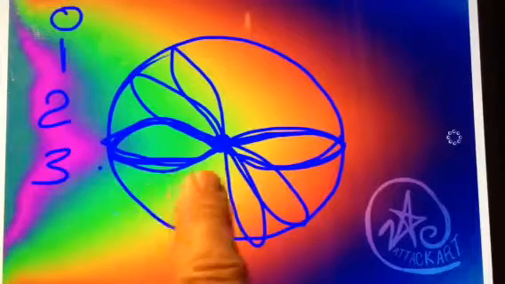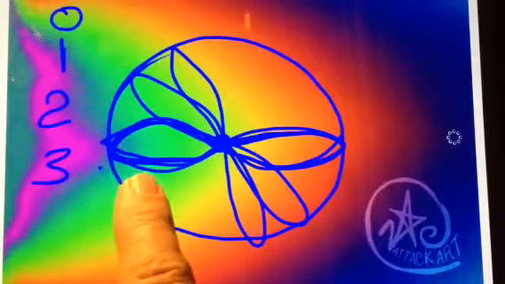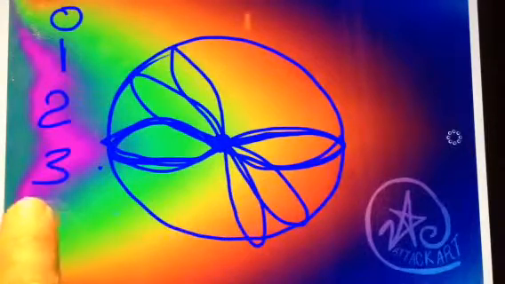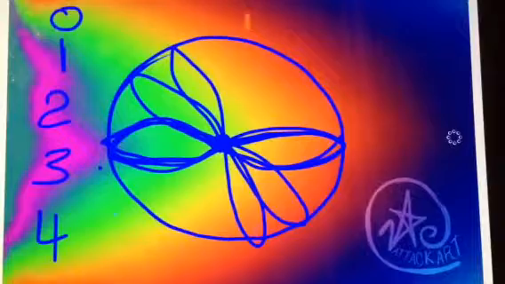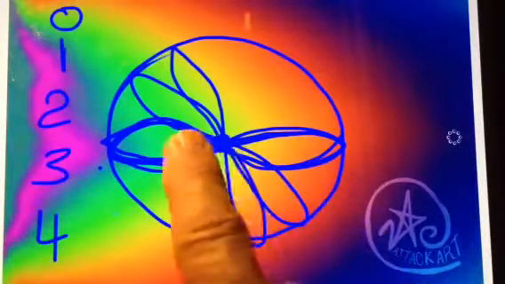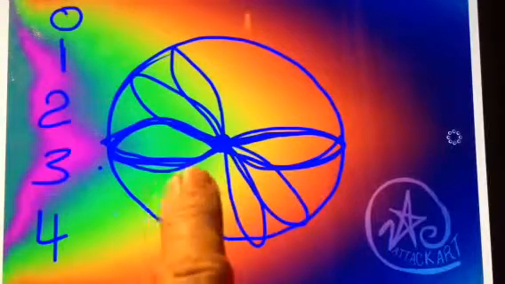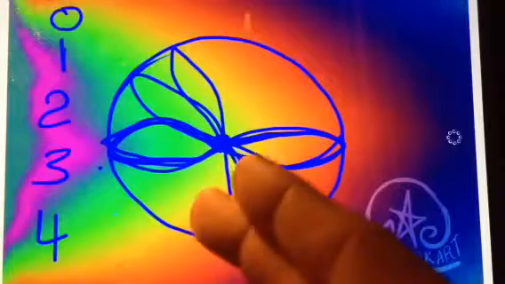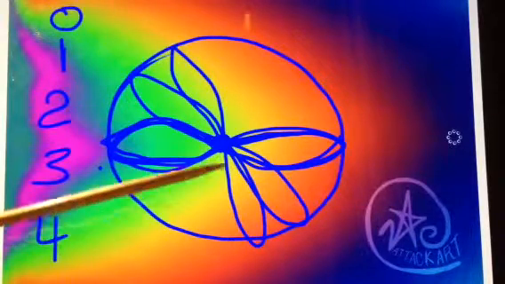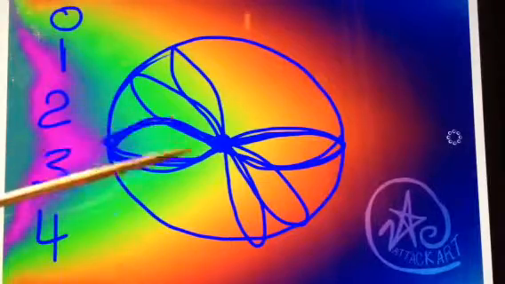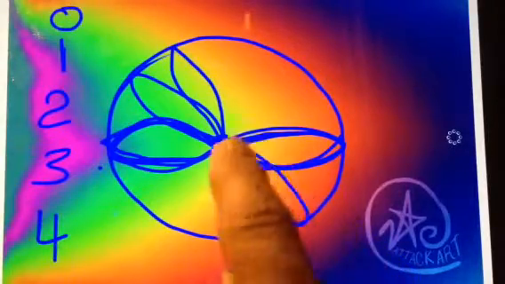So we have 4 sets of 3 that you'll see now, because now we're into the number 4, and what you'll see now is how the organic world still keeps moving on. 3 is a number of progression, but it also means that it's on its way. It's not in planning, it's in motion.